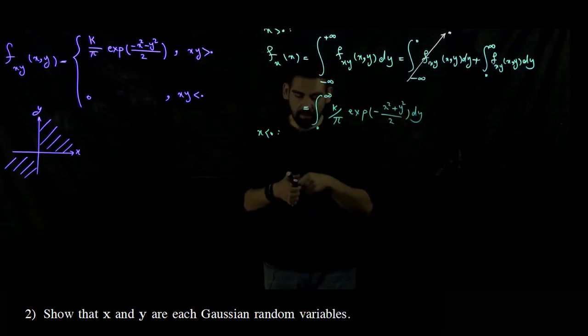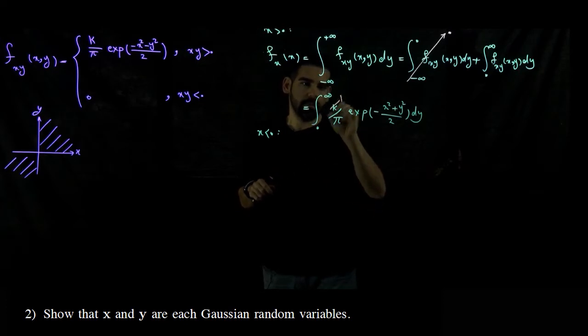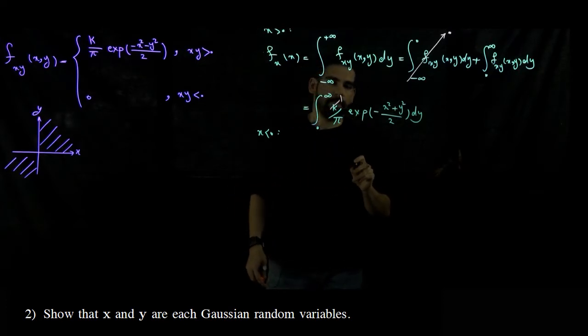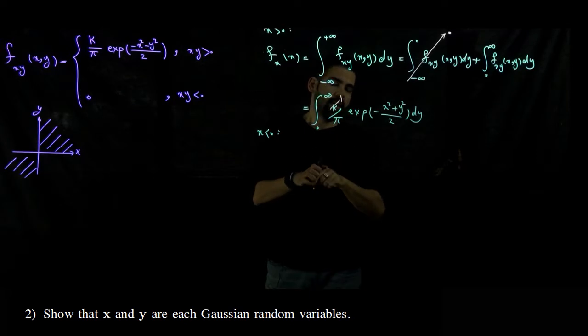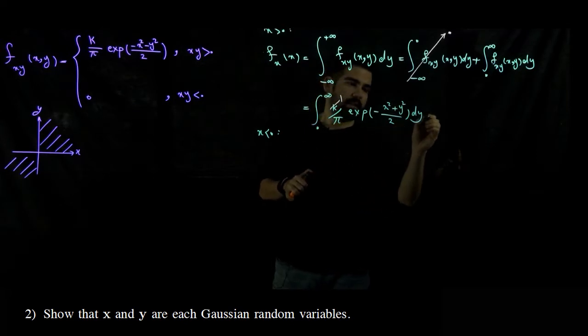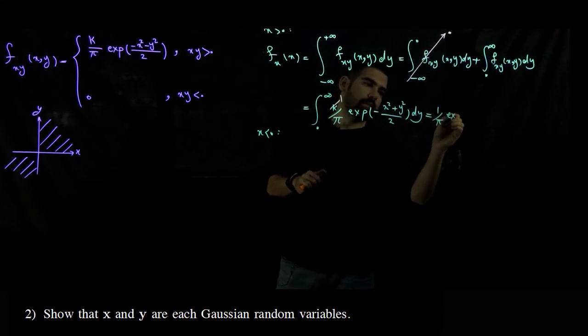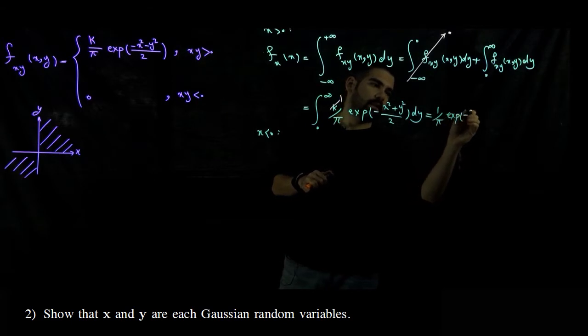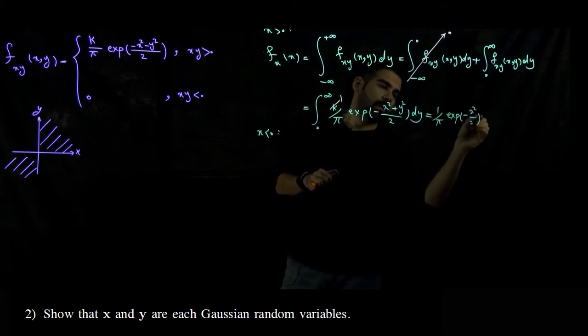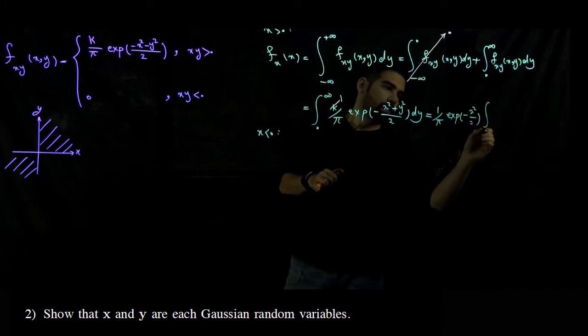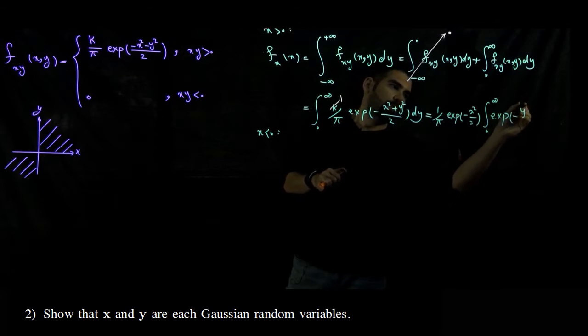Okay, we know that k is 1, and x is independent of y in the integrand, so we have this equals 1 over pi exp minus x2 over 2, times the integral with regard to y from 0 to infinity of exp minus y2 over 2 dy.